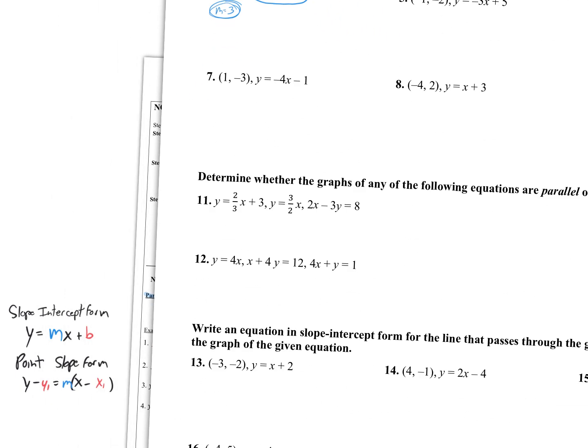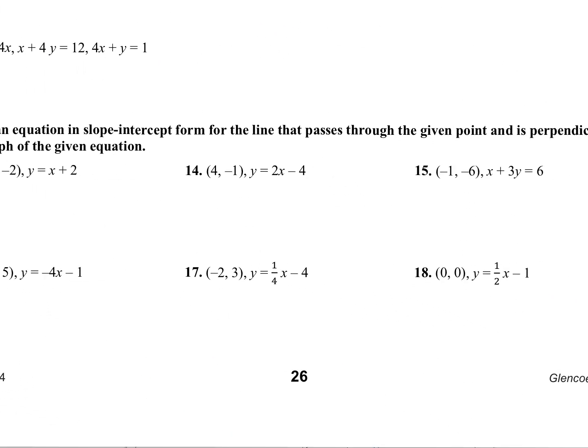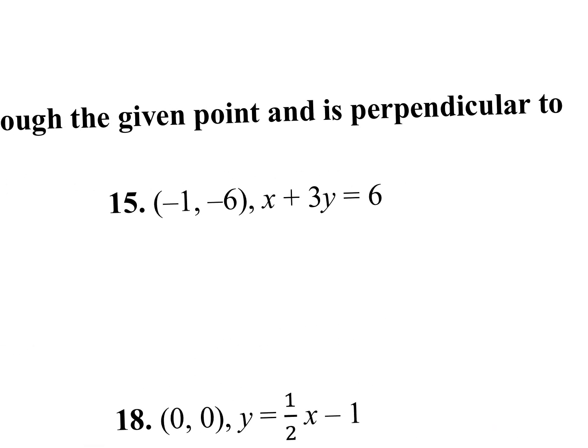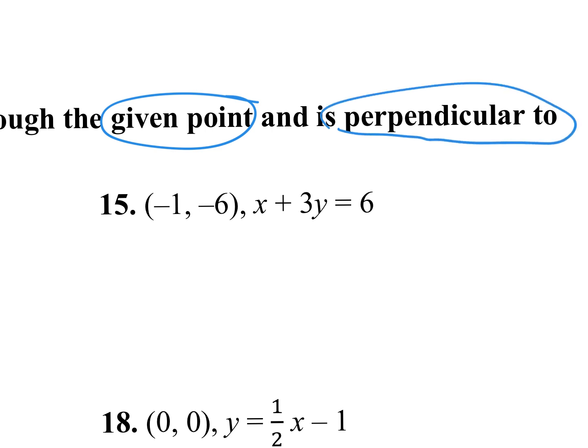Now, on tomorrow's worksheet, on the second half, they want you to write an equation of the line that passes through the given point and is perpendicular. Here's the point that they give you, x1, y1, but they tell you that your line is going to be perpendicular to this one. So perpendicular means what?